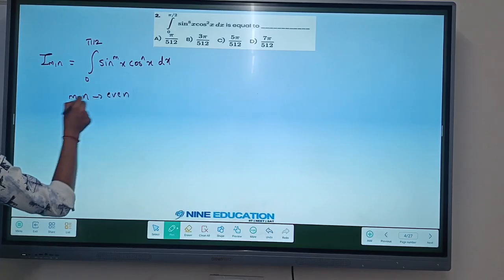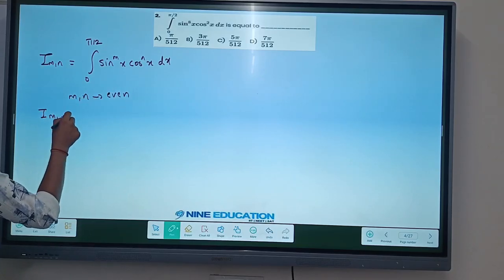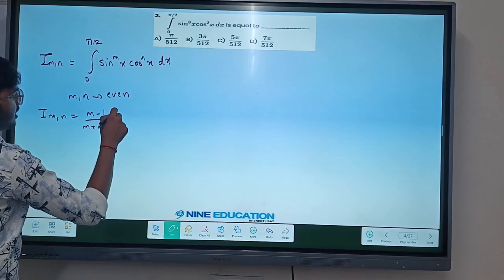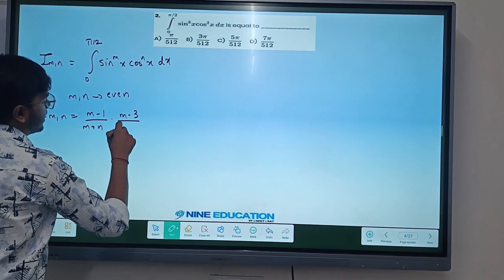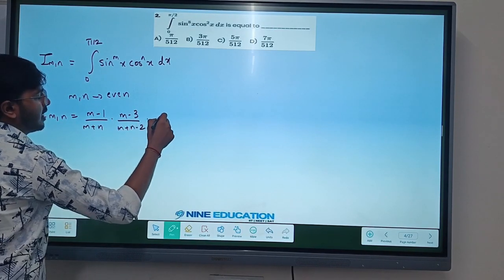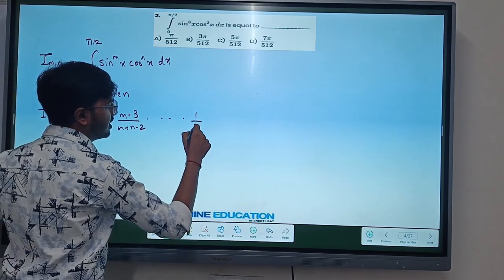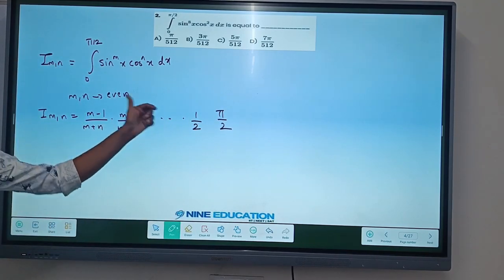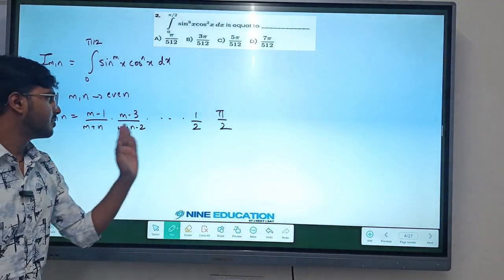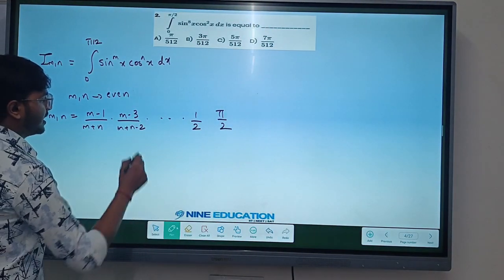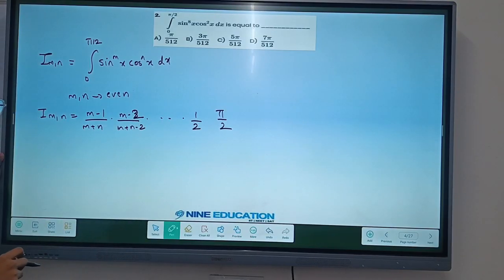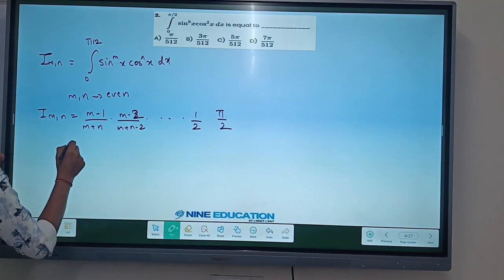The formula is Imn equal to m minus 1 by m plus n into m minus 3 by m plus n minus 2, and so on. We have to keep on doing till we get 1 by 2 into pi by 2. That is, numerator is getting subtracted by 2, denominator is also getting subtracted by 2 till we get 1 by 2.